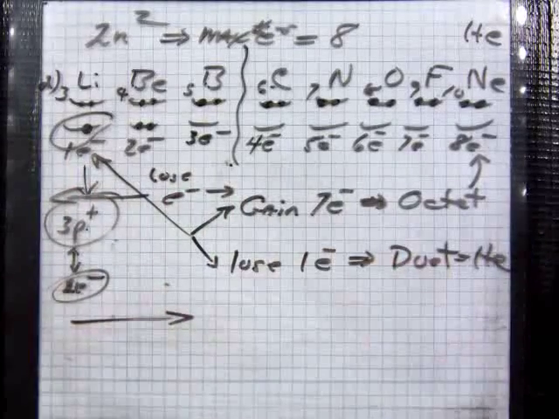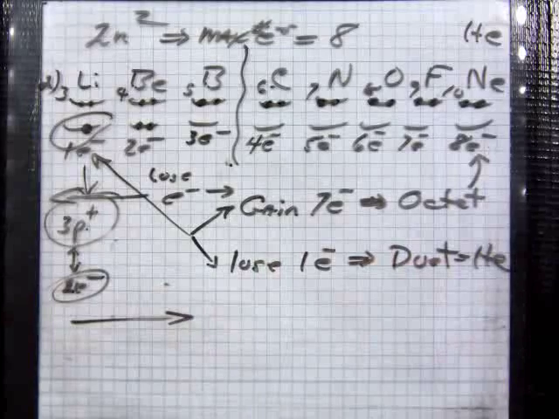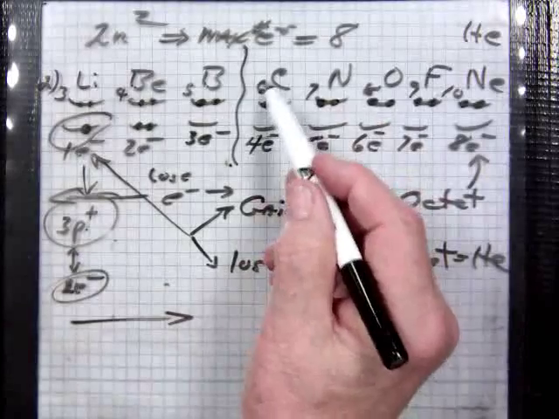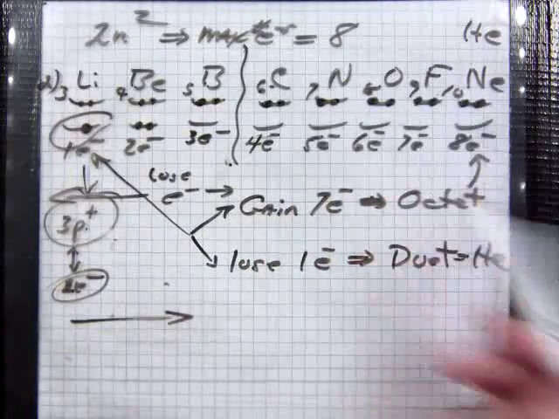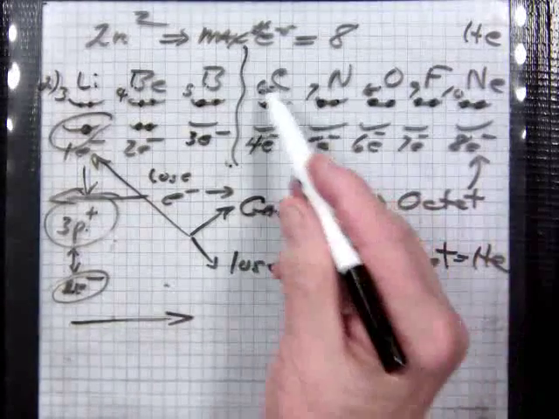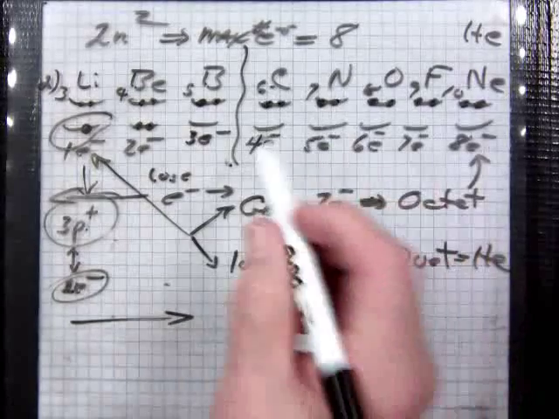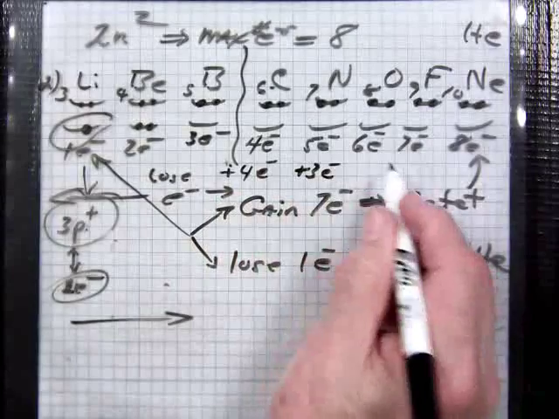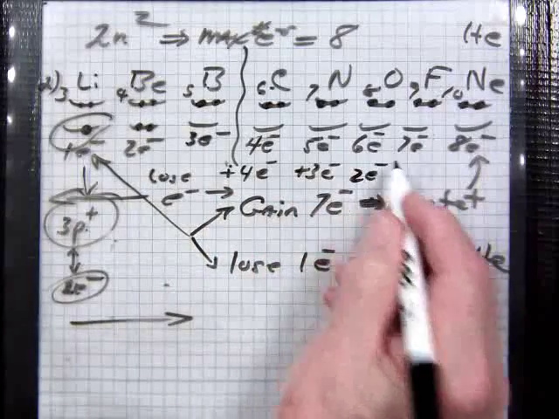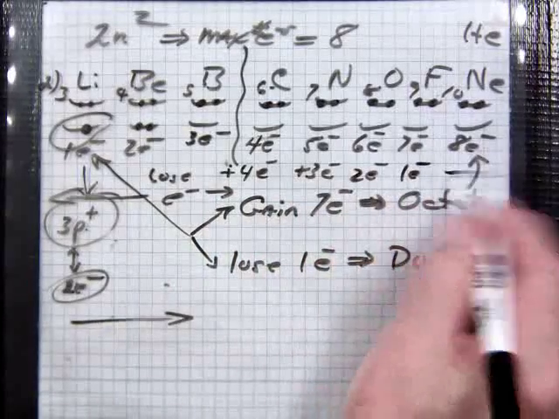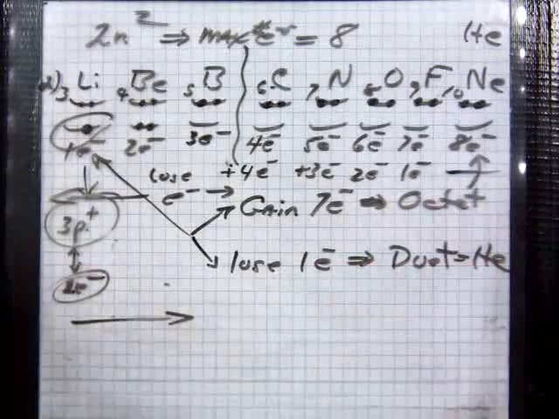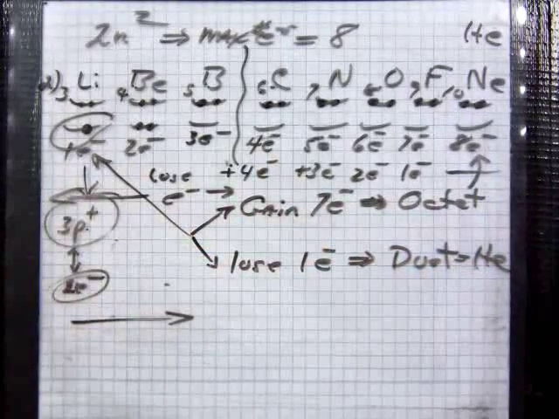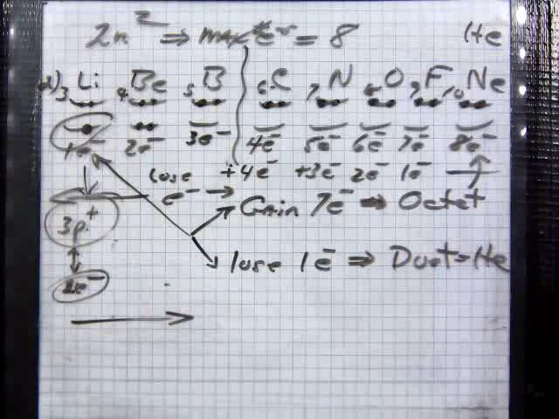Beyond that, the tendency is to gain electrons because you have a larger number of protons in the nucleus functioning to hold on to whatever you need. So this would gain 4 electrons, this would gain 3 electrons, and this would gain 2 electrons. This would gain 1 electron, and of course that's the noble gas anyway. So carbon is kind of the transition, but we use it as a non-metal gaining electrons for the most part.